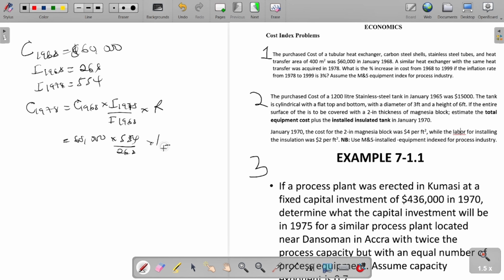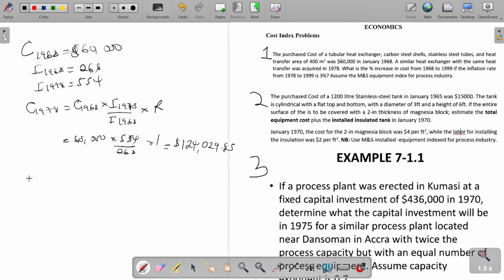I told you the capacity ratio is 1. So this gives us a cost of $124,029.85. So this is the cost in 1978.